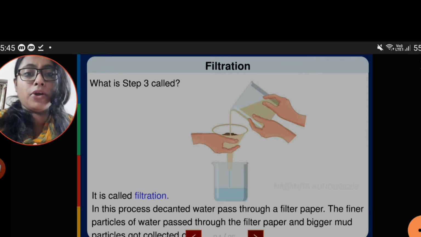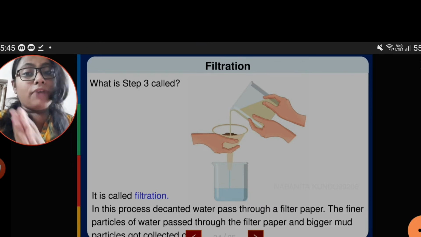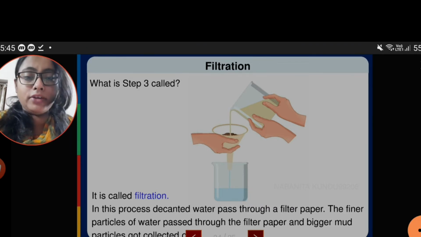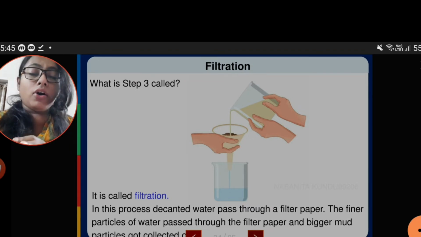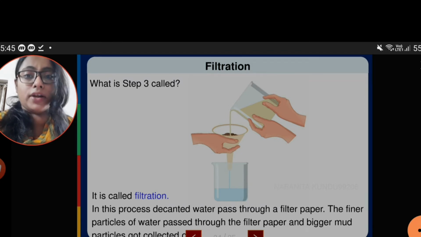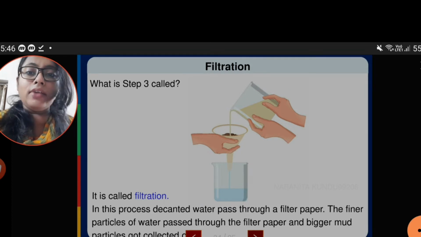So the decanted water, I will pass through a filter paper. The finer mud particles will get attached to the filter paper, so that we can collect the clear water.